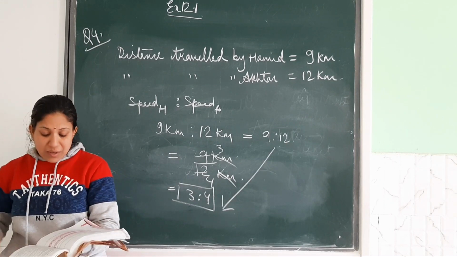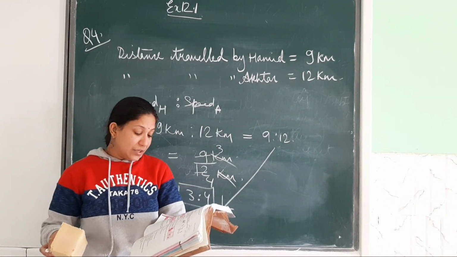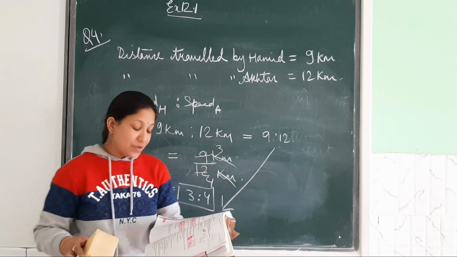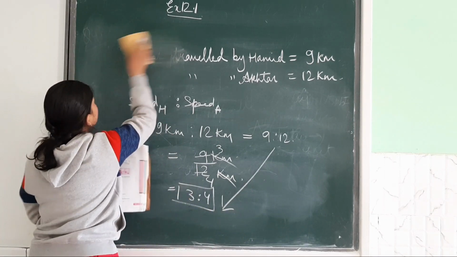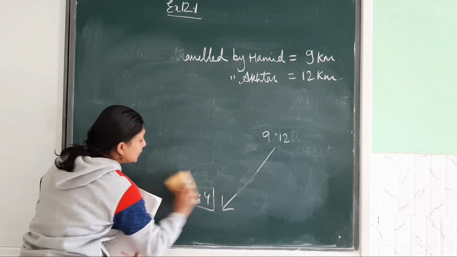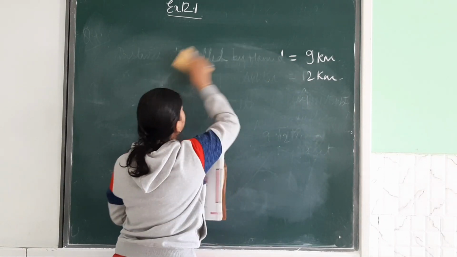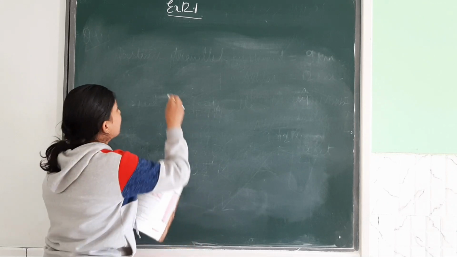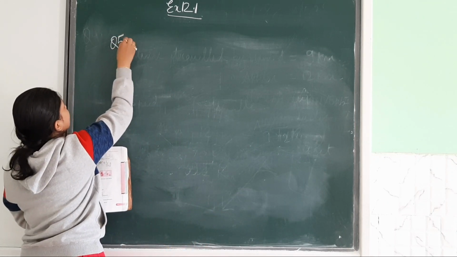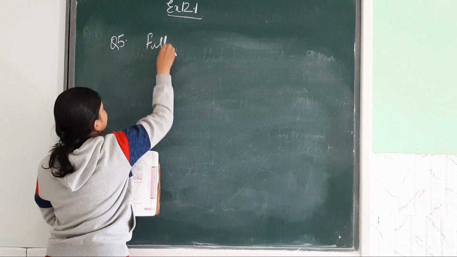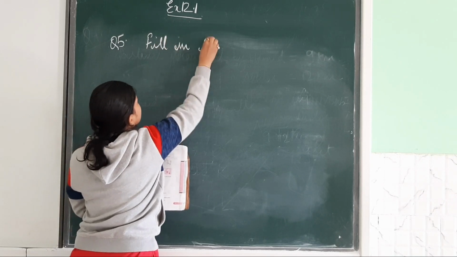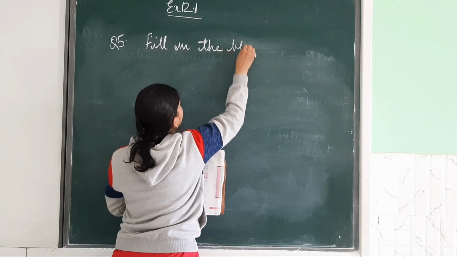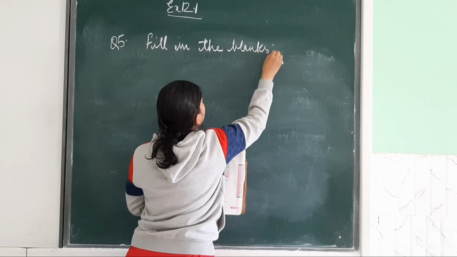Now children, in the same way, let's continue the session and discuss the fifth question. The fifth question is also very interesting. These are questions which you have done before also. Nothing new we are going to discuss. The fifth question is a fill in the blank type. There is a blank. I will write down the question first.